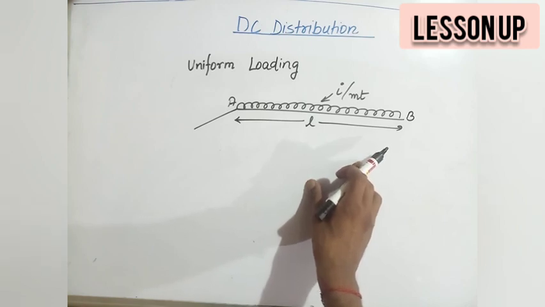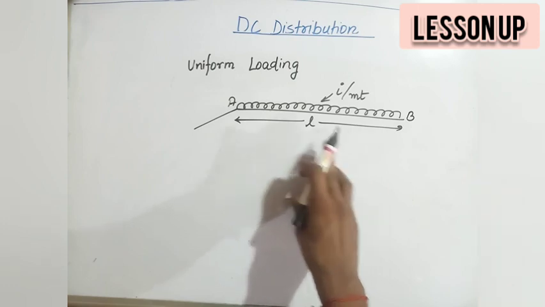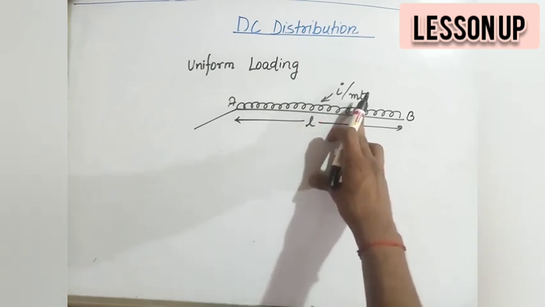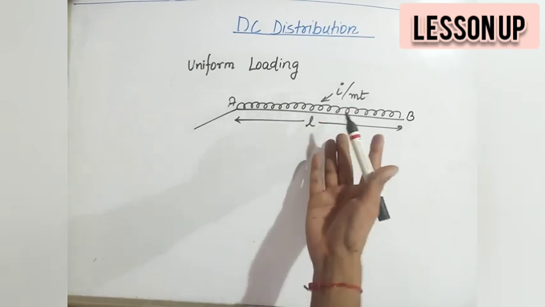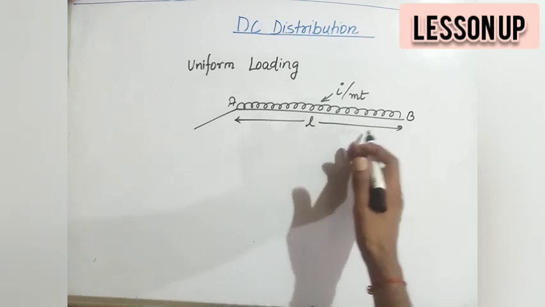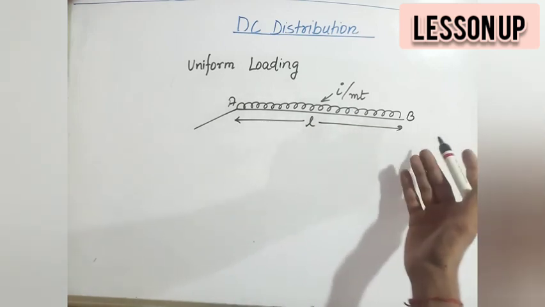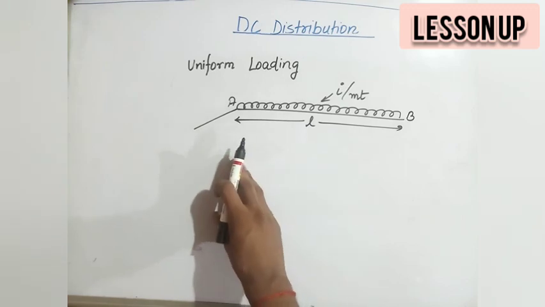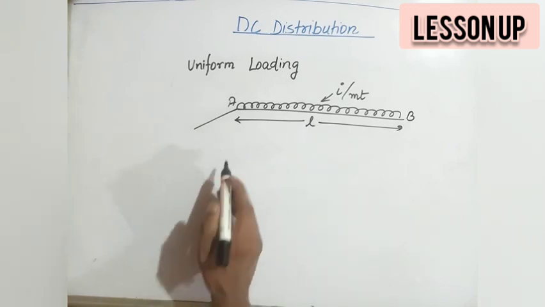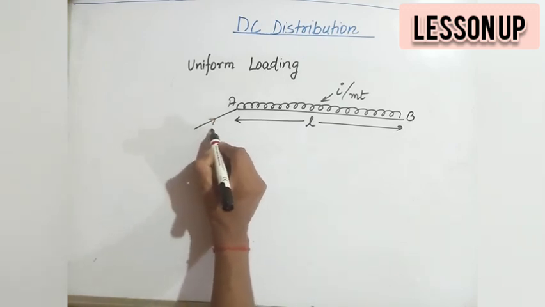So we can say here current is a function of distance. For example, it can be 1 ampere per meter or 1.5 ampere per meter, it can be anything.